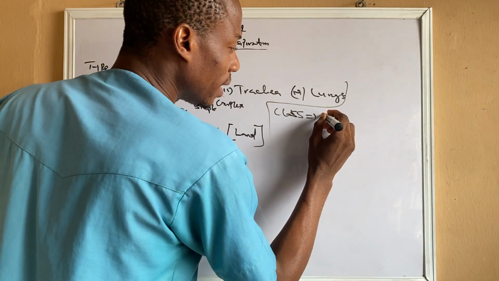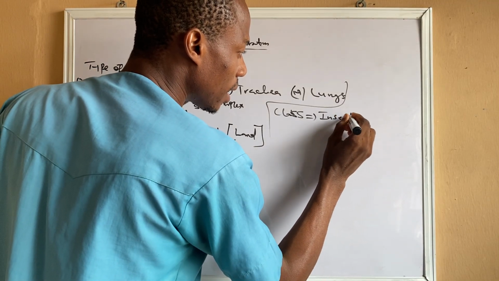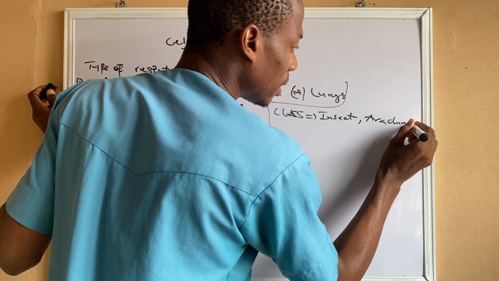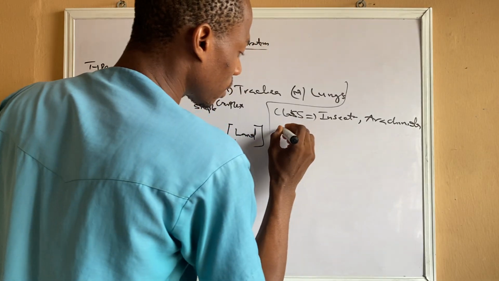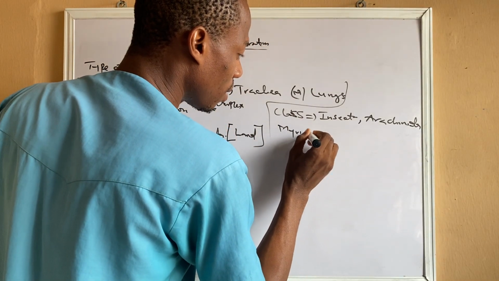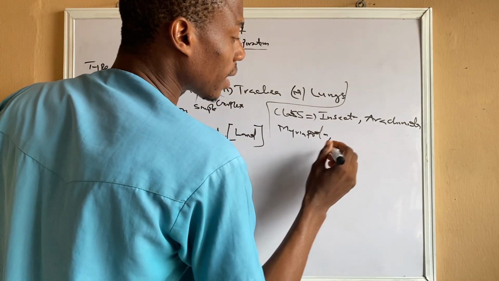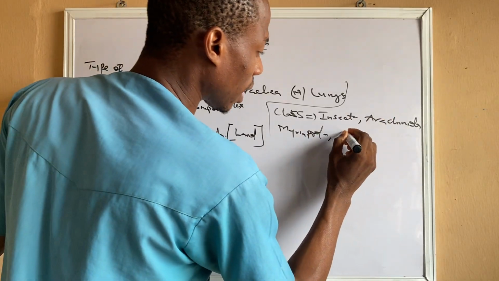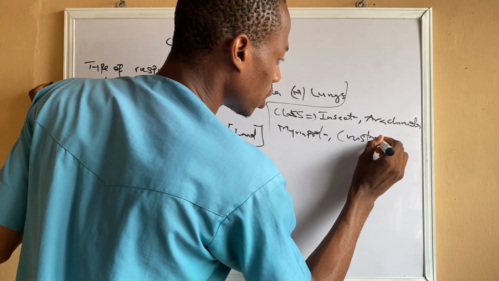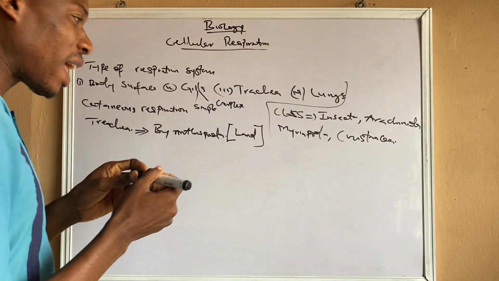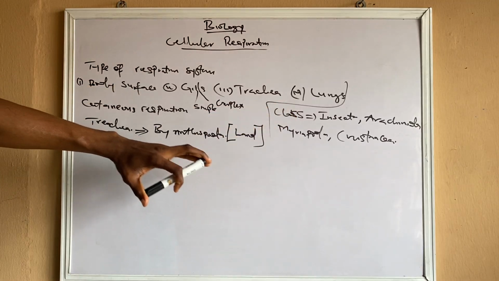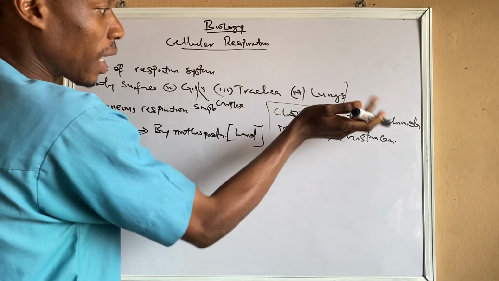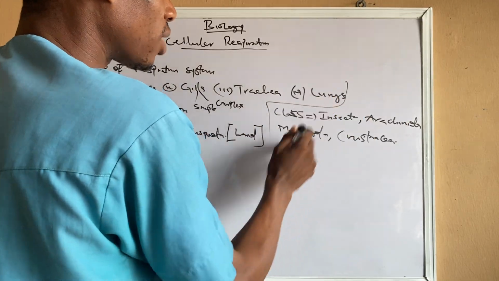We have the class insecta, the class arachnida, the subclass myriapoda, and the class crustacea. So these are the four subclasses of the arthropoda.